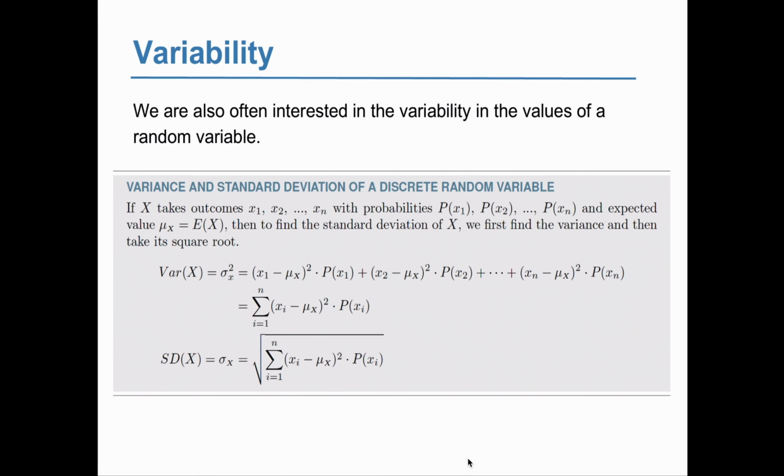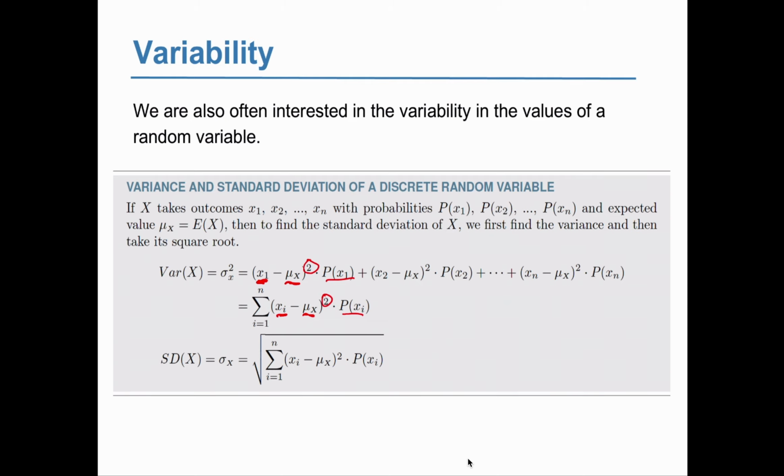We're also interested in the variability in the values of a random variable, right? How spread out those values are. And so to find the variance, we take each value, we subtract the mean, we square it, and multiply by the probability, and we add all of those up.